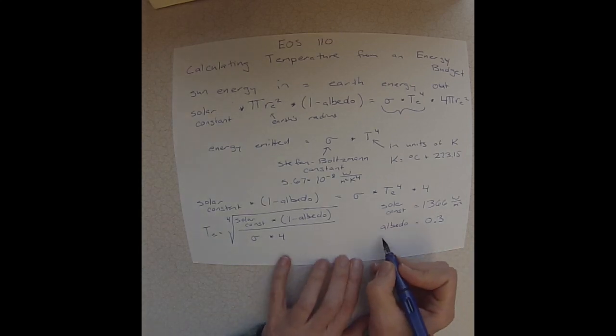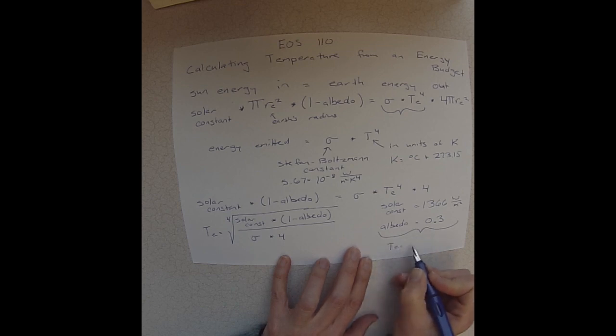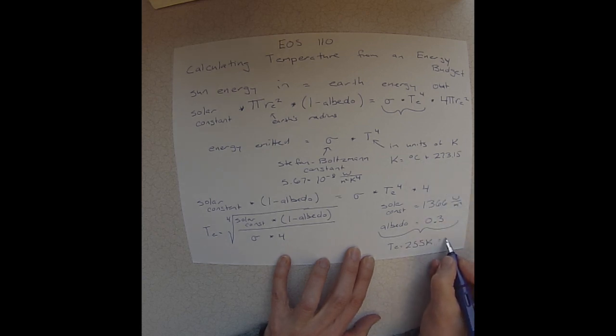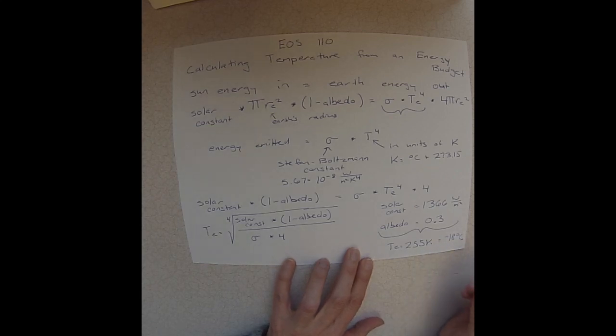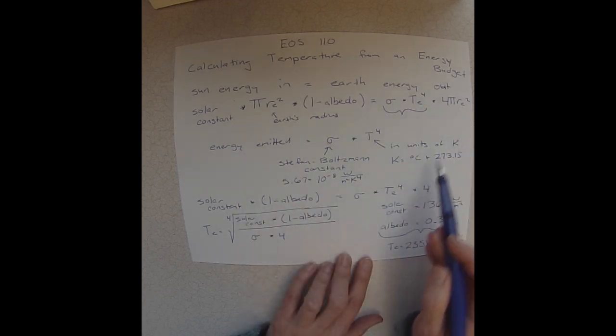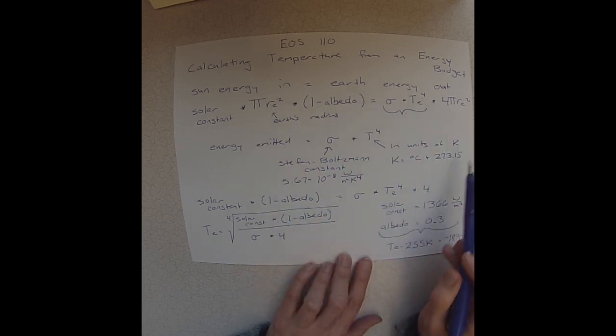When we did that, for these values, we got a temperature of the Earth equal to 255 Kelvin. And when we convert that to degrees Celsius, we found that that was equal to minus 18 degrees Celsius. Recall, the reason the temperature is so low here has to do with the fact that we're not including the greenhouse effect of some of our atmospheric gases in this equation here.